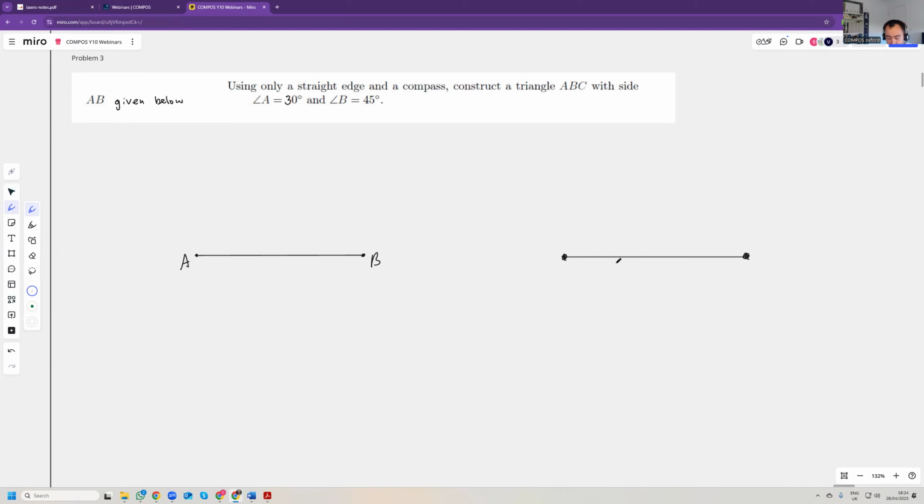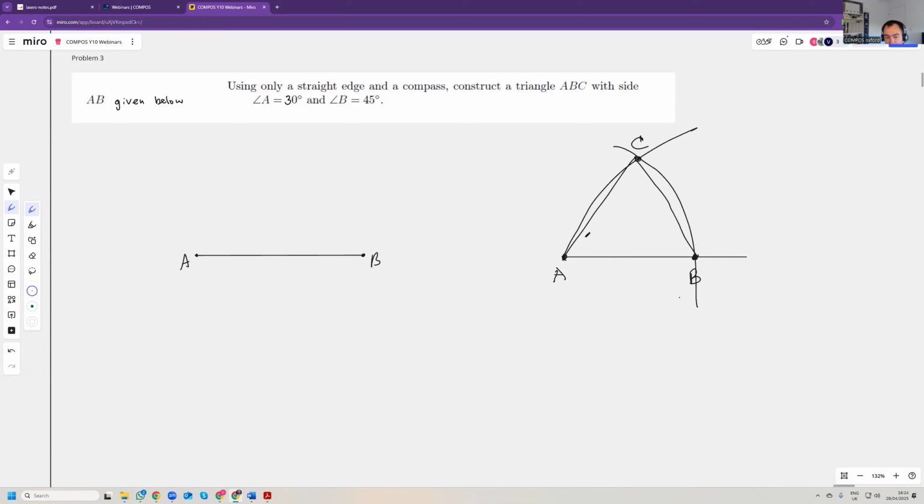We draw a circle with center A going through B, and then a circle with center B going through A. Where they intersect, that's C, and this would be an equilateral triangle.